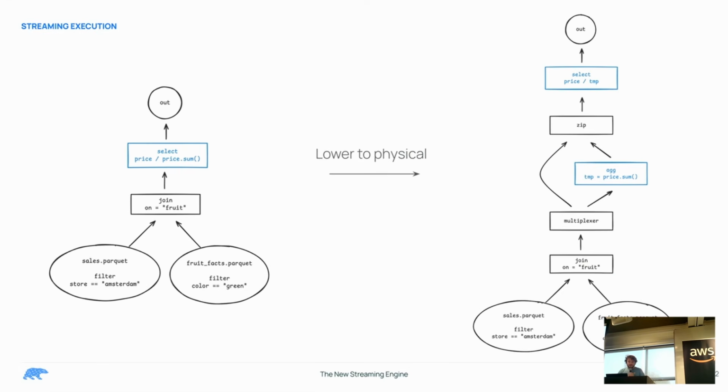So an example of this lowering to the physical plan, the reason that we need this is because when you're executing in a streaming way, you cannot see all the data at once. If you're computing a sum, you don't know what the result will be until you've seen every single input. You can only say what the sum was after that is done. So you need to have seen all data before you can continue.